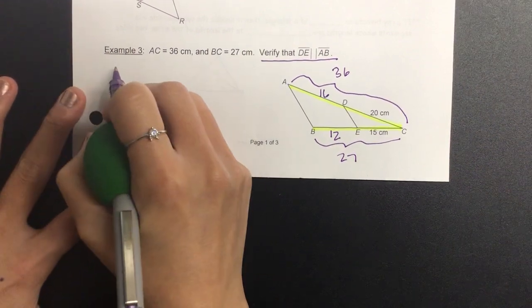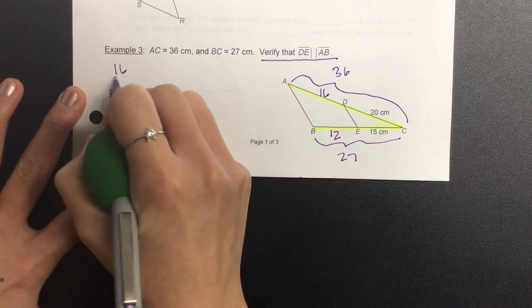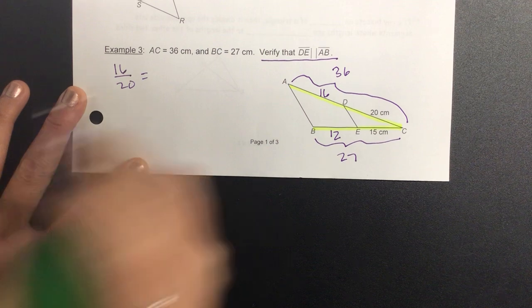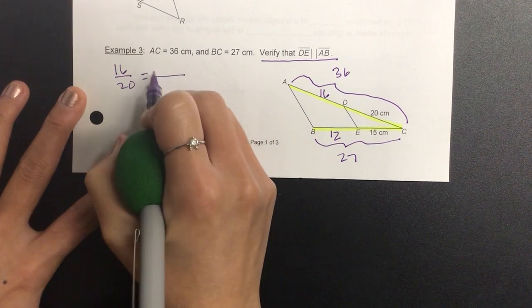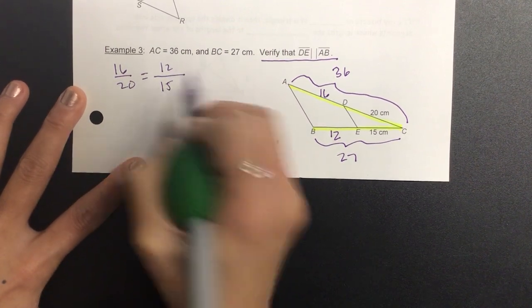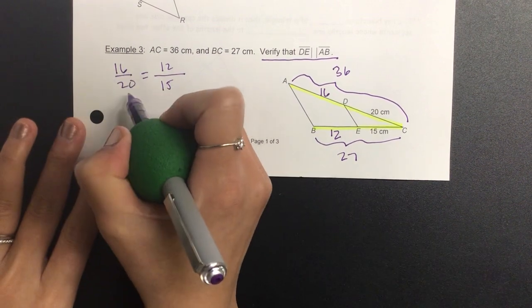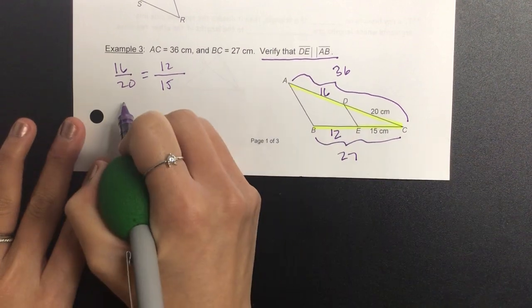So I think the way I'm going to write out this one is 16 over 20. So if I go from 16 over 20, what do I write on the other side? 12 over 15. Now there's two ways to go about this one. You can cross multiply or you can simplify. I think I'm going to simplify because it's going to make the number smaller. So 16 and 20, they're both divisible by what number? 4.